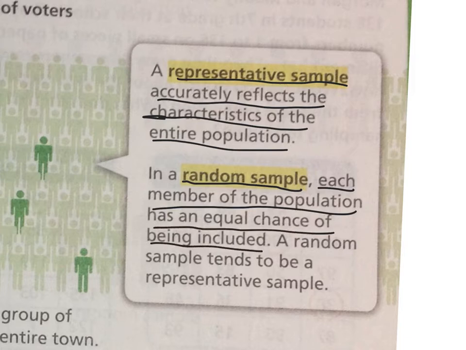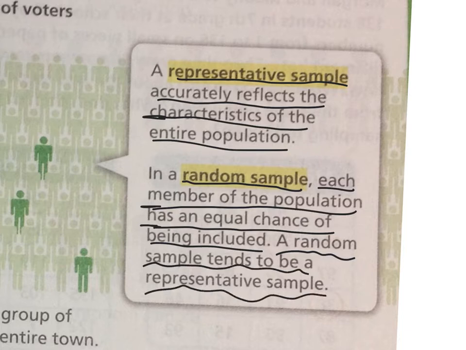So usually that's what we want to do. Make sure everybody's got a chance to be included. And like the book says, a random sample tends to be a representative sample. If we randomly ask people where everybody's got a chance of being asked, then that tends to be a good representation of the whole population.